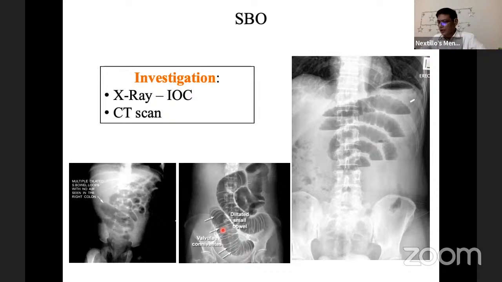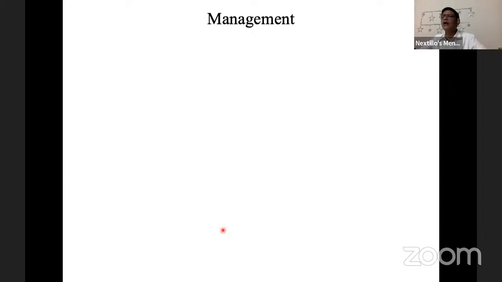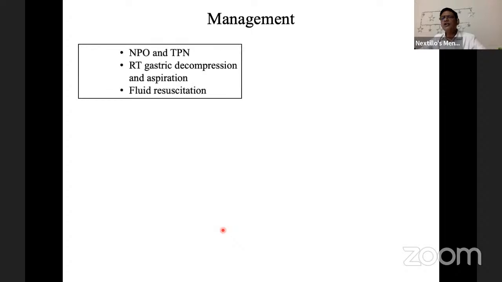Okay. So once we have made a diagnosis of small bowel obstruction, how to manage it? The management of small bowel obstruction. The first thing to be done over here is that the patient should be made nil per oral. NPO, nil per oral.